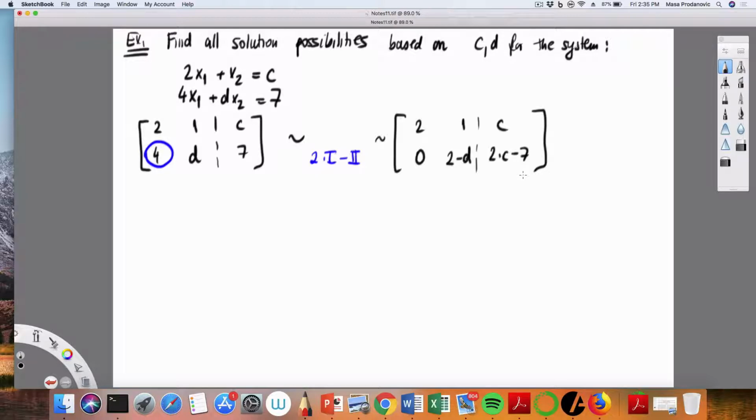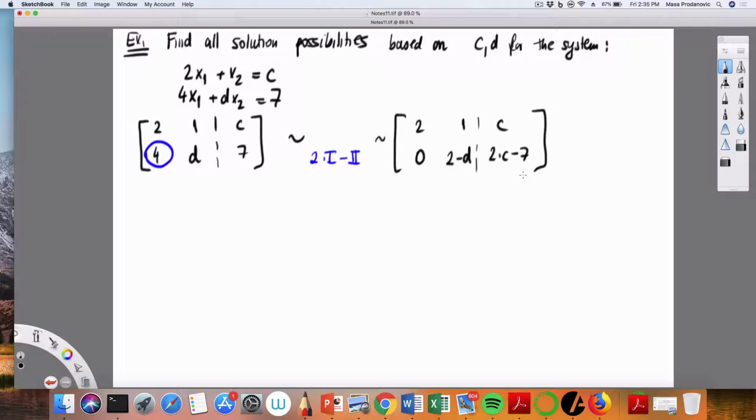So for which C and D is this system going to have a unique solution, so that I can actually proceed, or is it going to be possible to begin with? If I were to solve this, I would say D minus 2 times x2 is equal to 7 minus 2C, right?